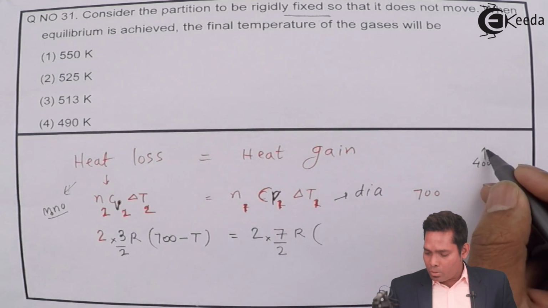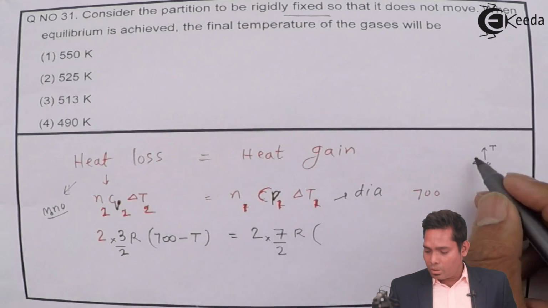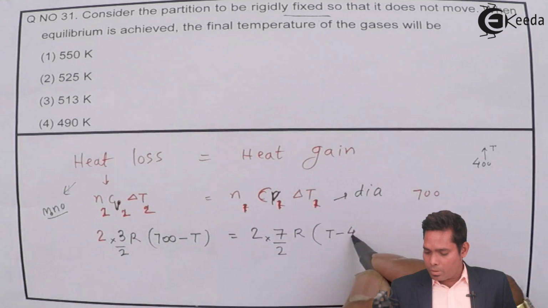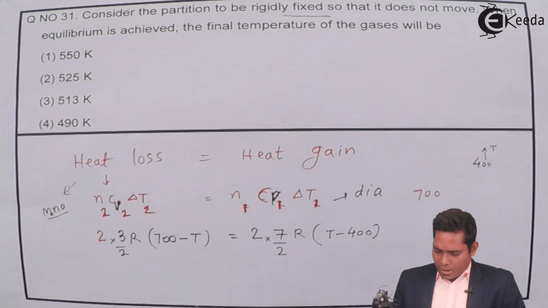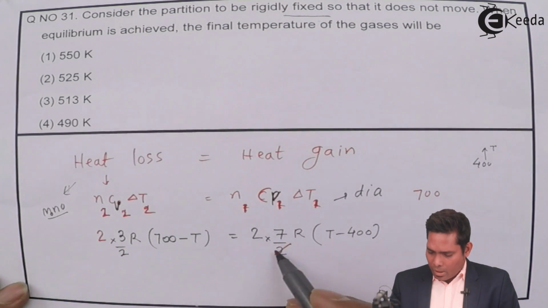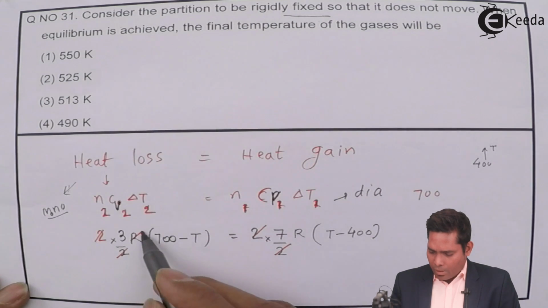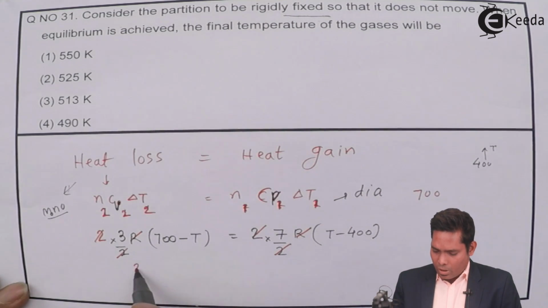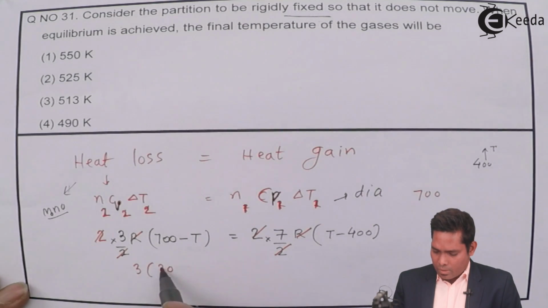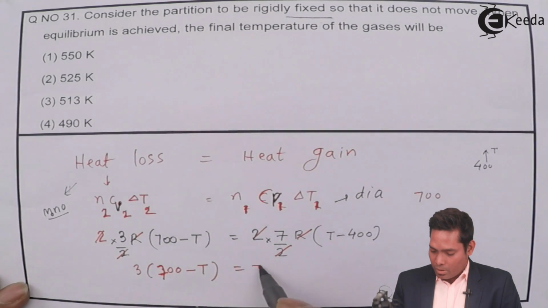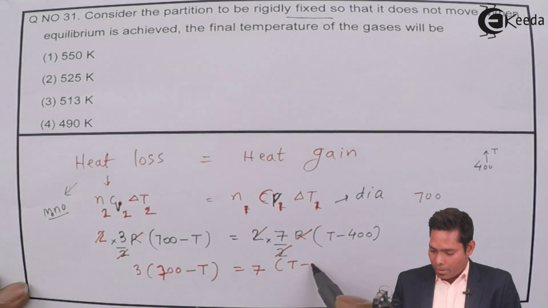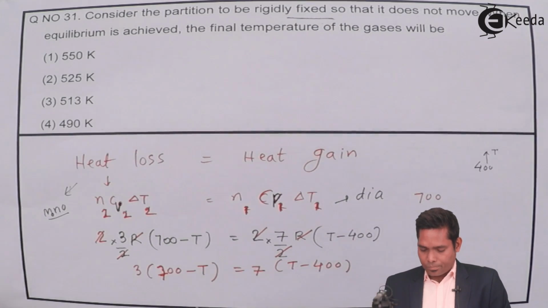Now it will rise to some temperature T, so the difference is T minus 400. If I solve the question, then this 2 will cancel out, this R will cancel out. This is 3 into (700 minus T) equals 7 into (T minus 400).